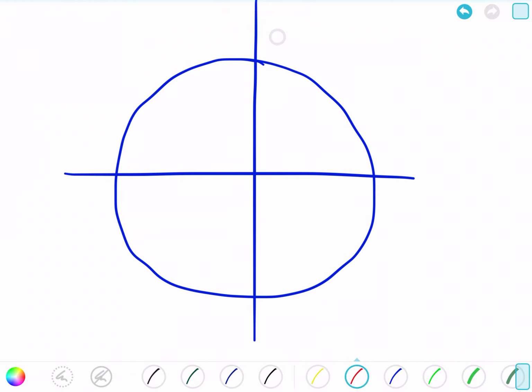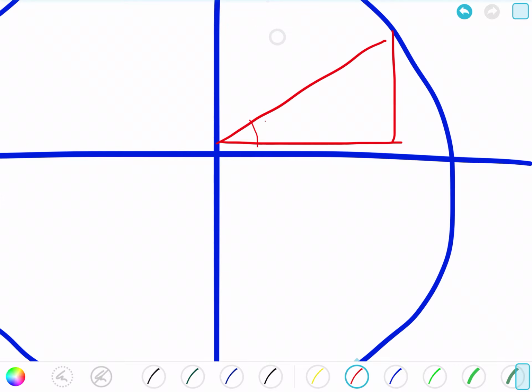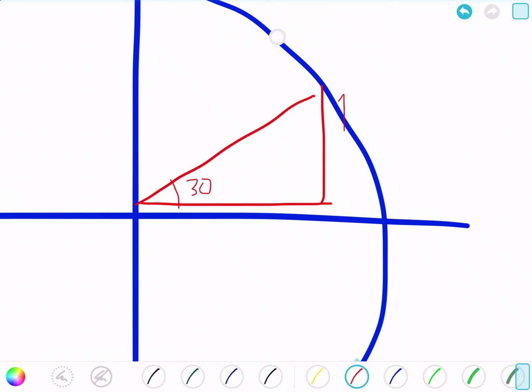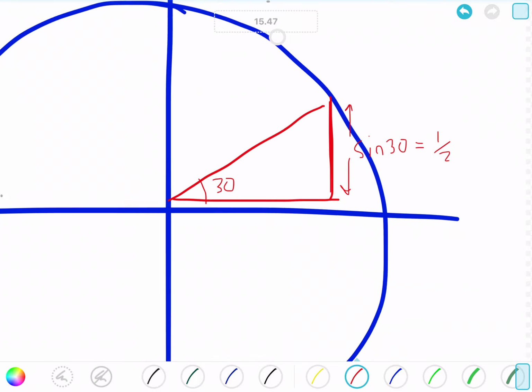Remember we said that if you've got a unit circle and a triangle, and that's 30 there, then one of the key things that you learned last week is this distance is actually theta, but in this case 30. So we know that that's a half, so that side of the triangle is actually a half.